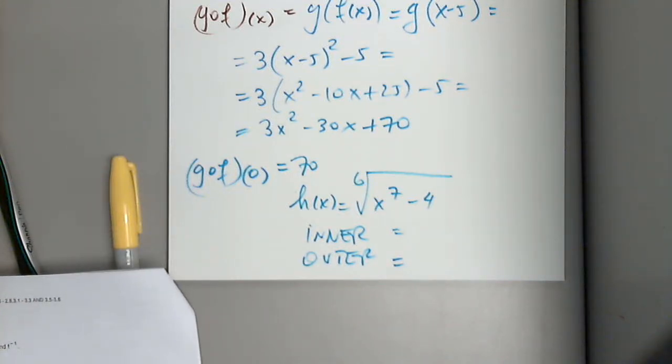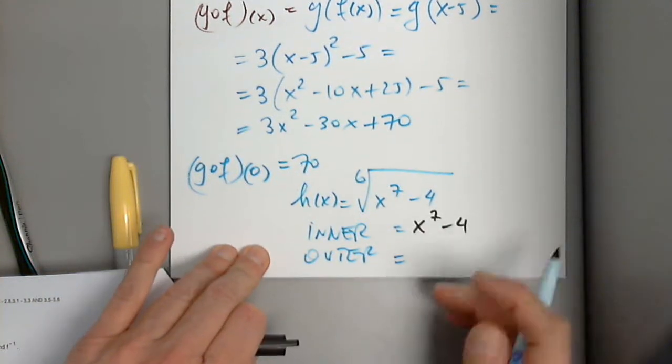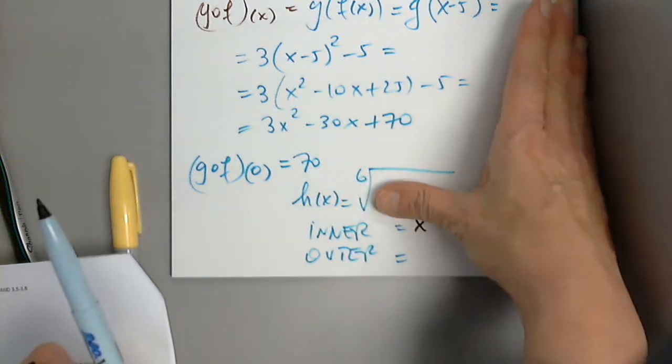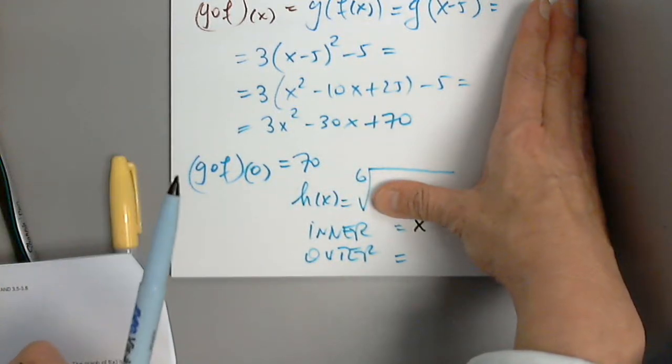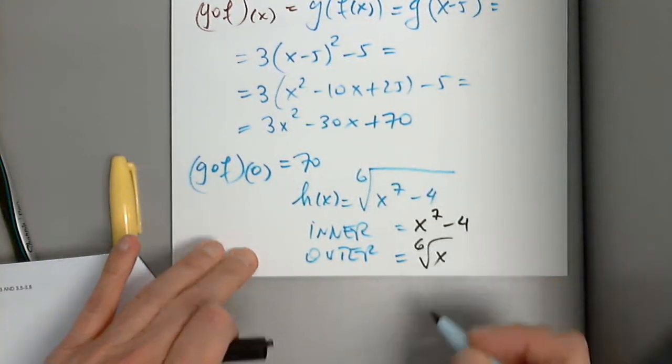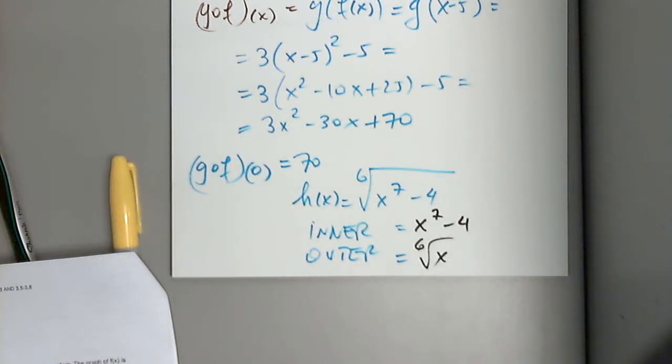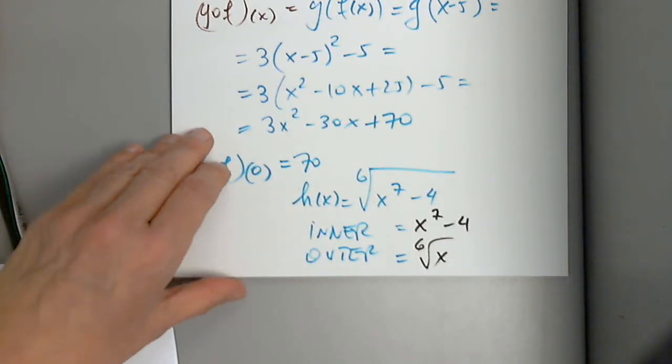Let's start with the inner. Awesome. And now the outer, once this becomes one number, the 6th root of x. Everything okay?